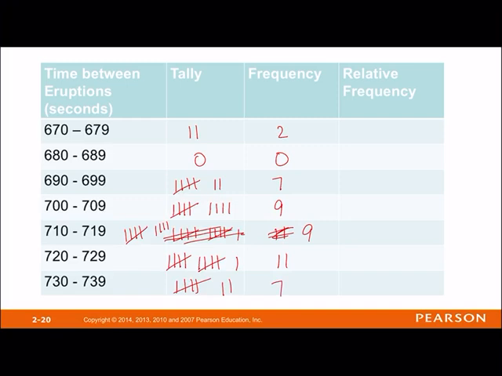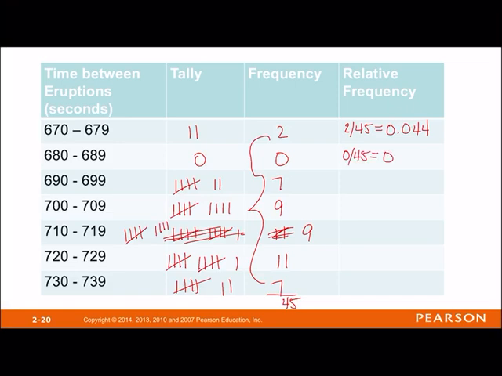Okay, and then to find your relative frequency, you are adding up your total frequencies here. When you do that, you should get an answer of 45. And that means for your top one here, you're going to do 2 divided by 45, which will give you 0.044. Then this one's going to be 0 divided by 45, which will be 0.